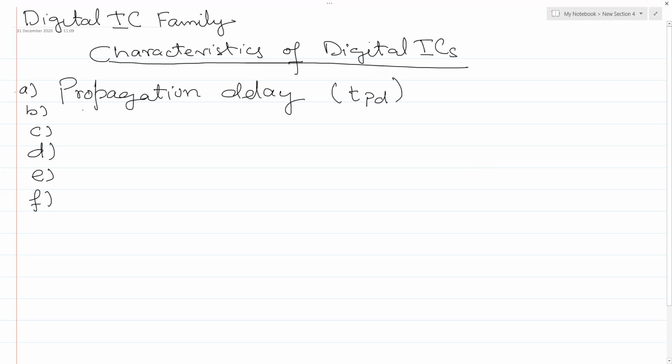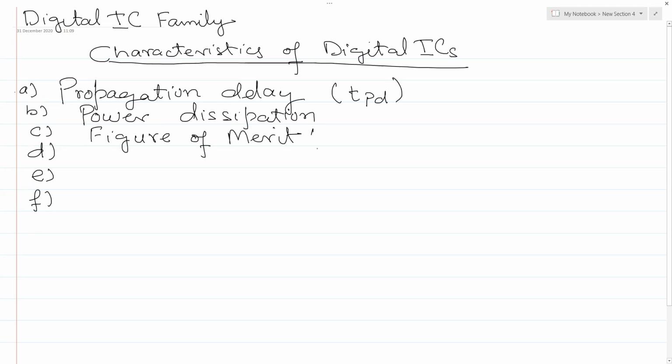Second one is power dissipation. Third one is figure of merit, denoted by FOM.